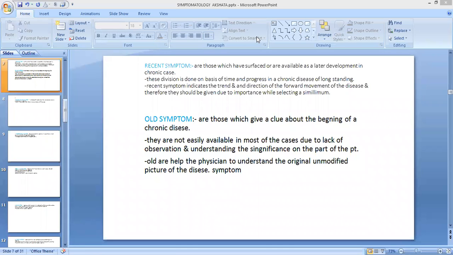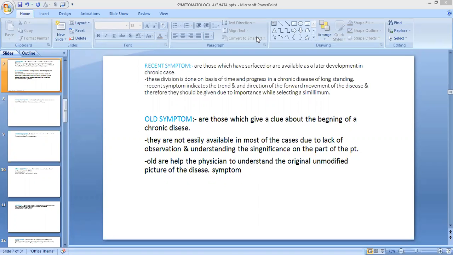So, what are the old symptoms? They are the symptoms when the disease commences, or when the patient falls from a healthy state into the disease state. At that time, the symptoms which we observe, the symptoms which the patient gives, are nothing but the old symptoms.